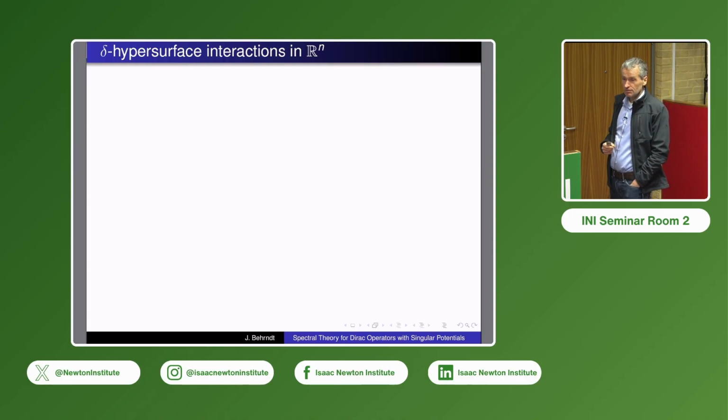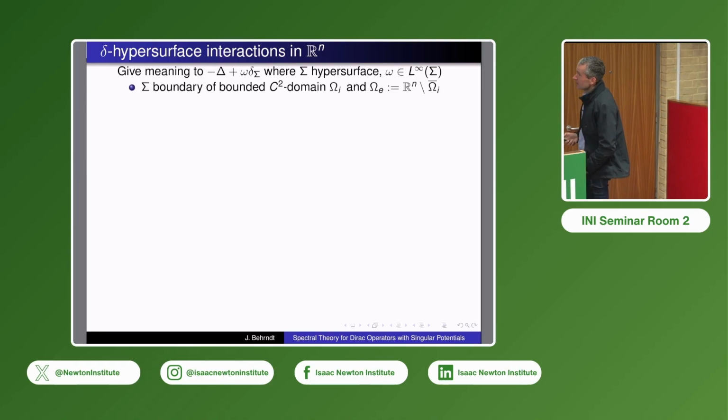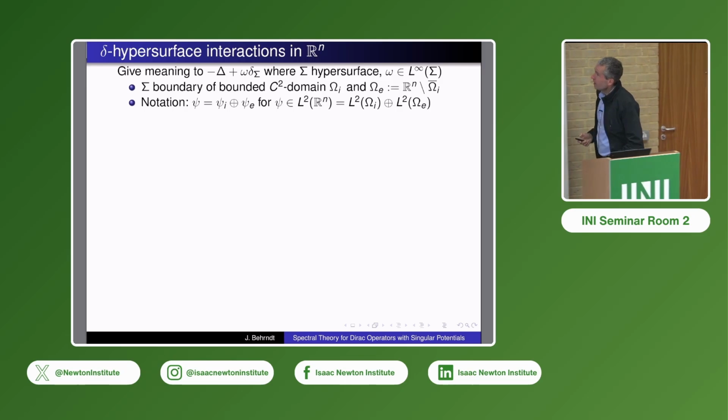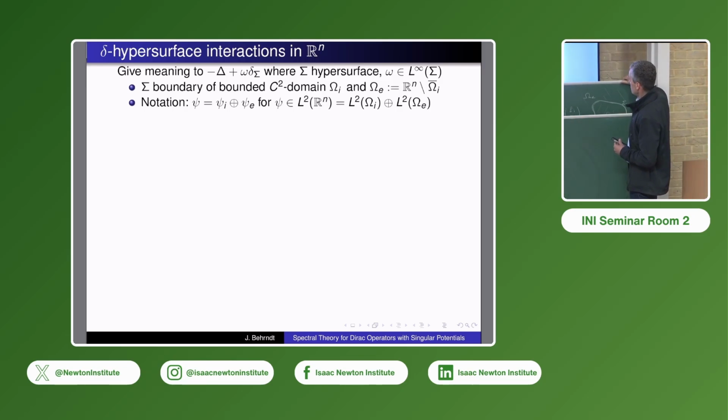Suppose your delta distribution is now supported on some hypersurface in n-dimensional space. Suppose it's bounded, and we try to follow the same approach as we did in the 1D case, now for a hypersurface. So here is some notation, and I went to this lecture hall in advance to draw a picture.